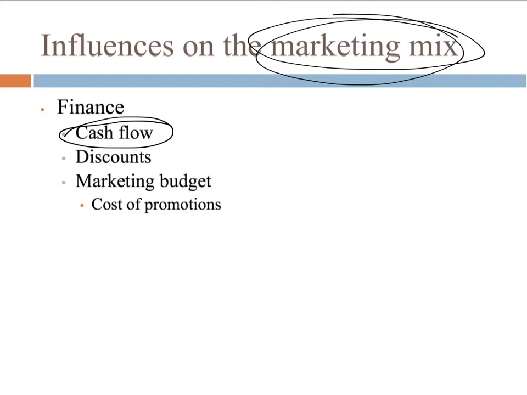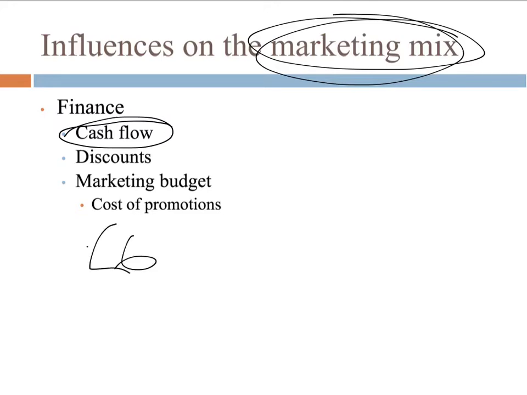The marketing budget and the cost of promotions. So businesses generally base their promotional decisions on how effective that promotion will be. So for instance, we sometimes measure it on cost per thousand. So say for instance, a promotional campaign costing £60,000 and reaching 600,000 people.